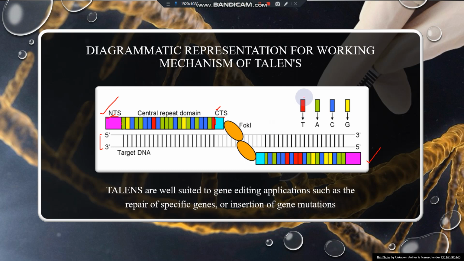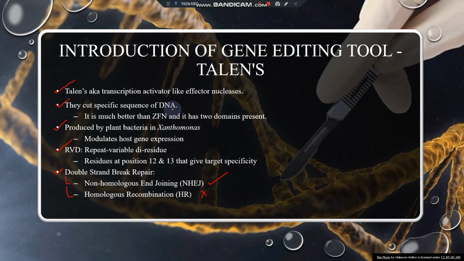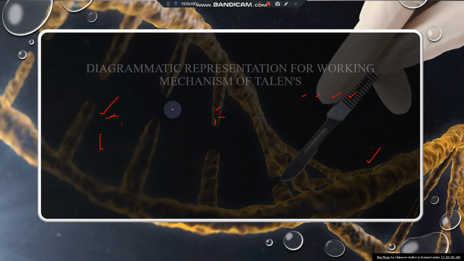Here the red color represents thymine, green represents adenine, blue represents cytosine, and yellow represents guanine. So we have these 4 nucleotides represented by different colors. This is our RVD, or repeat variable diresidues.